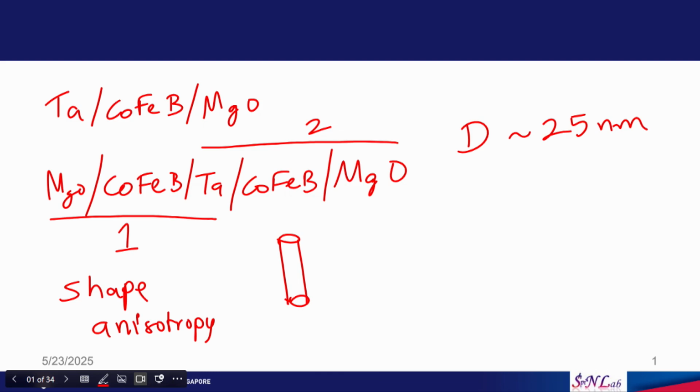Here, because of the shape anisotropy, the magnetization will point in the perpendicular direction. This is called a nano MTJ. With this, researchers have shown even 5 nanometer MRAM.